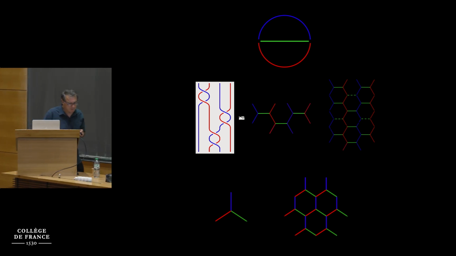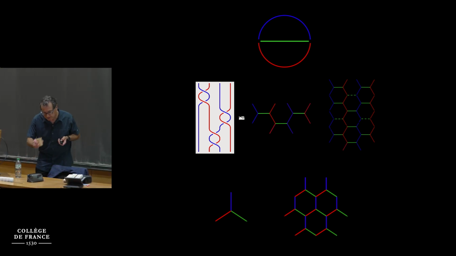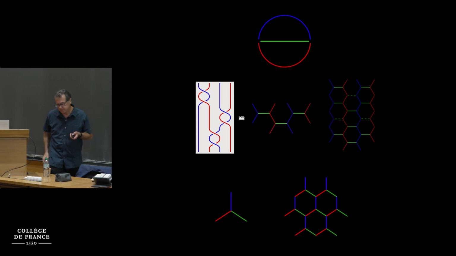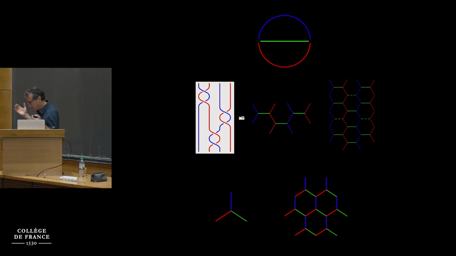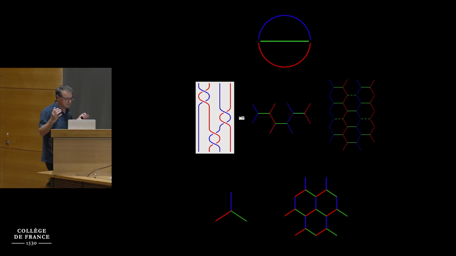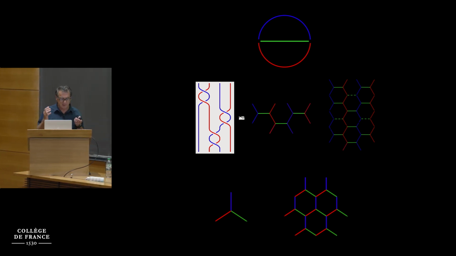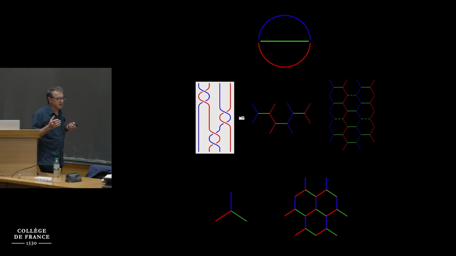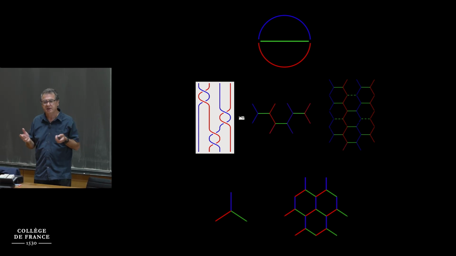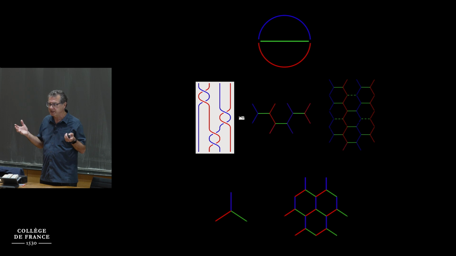Now, I haven't said anything about a fantastic direction in the last 20 years, because there have been many talks on this, but something new happens if you make the system out of equilibrium by making it a so-called active system.